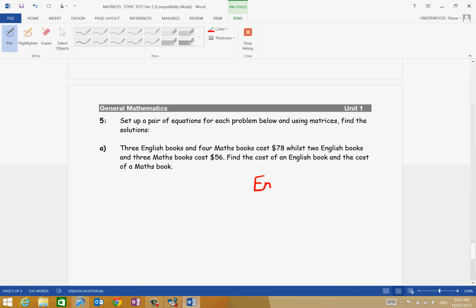Now, it may seem tedious, but let's write out what we've got. We've got English books and we've got math books. 3 English books and 4 maths books cost $78. So we could say, let's just write 3 English plus 4 math equals 78.